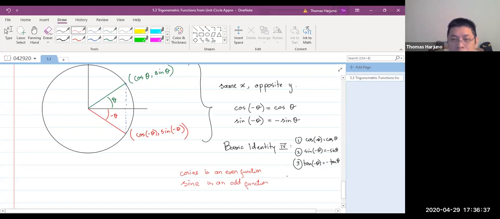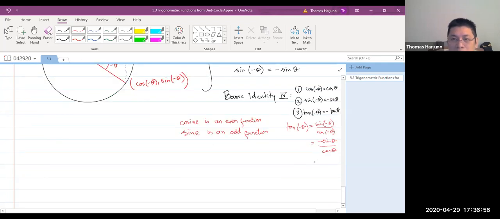The proof is pretty much like this. Tangent negative theta equals sine negative theta over cosine negative theta. That's negative sine theta over cosine theta. That's negative tangent theta. That's the proof.